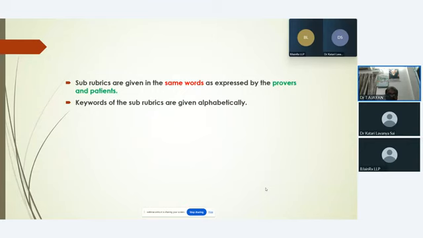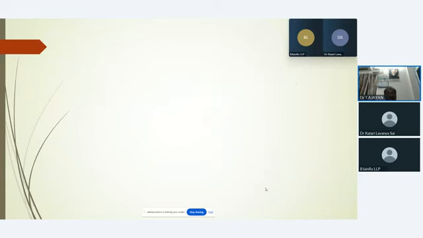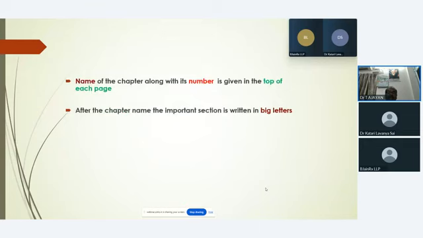If the same words are there, that medicine acts as a remedy, no doubt. Then again, keywords and sub-rubrics are given alphabetically. As another advantage, the name of the chapter along with the number is given at the top of each page. Then after the chapter name, the important section is written in big letters.